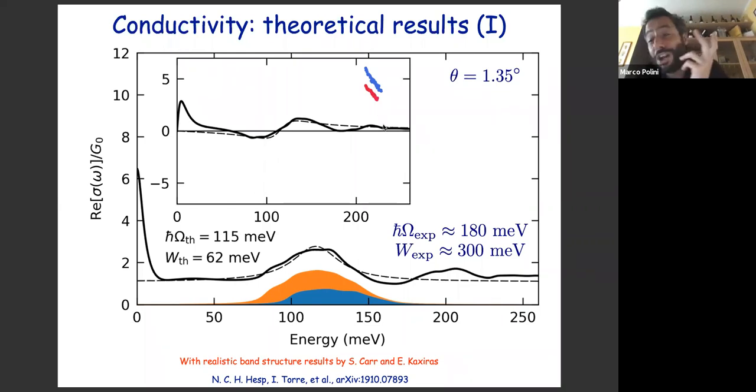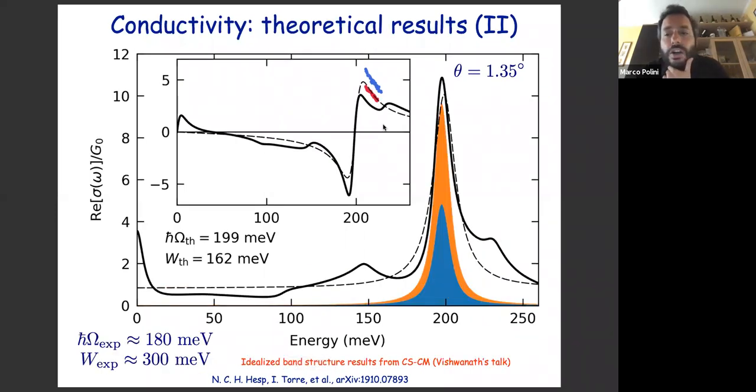Okay, so we were not satisfied by this, and we then played a little bit with a simpler two-band model. I will discuss technical details later. But since you have seen Vishwanath's talk, we used, I believe, when we were working on this, we saw his preprint on the arXiv.